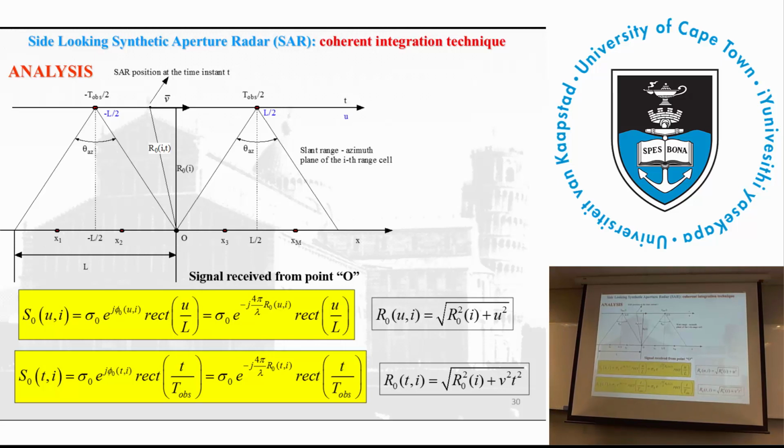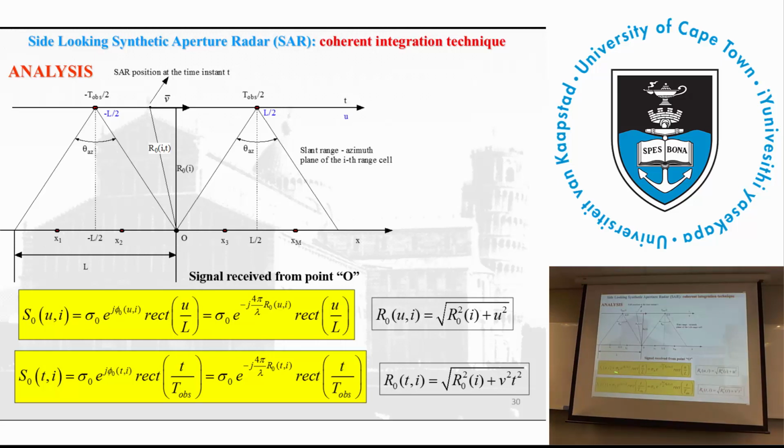So this is to tell you that if I solve the problem for this point O, then I solve it for the whole image. I'll go back to that later when I talk about strip map, but this is to give you a little bit of preview. So all I'm doing for this point O actually makes sense, because if I can do it for that, I can do it for all the points. Fair enough.